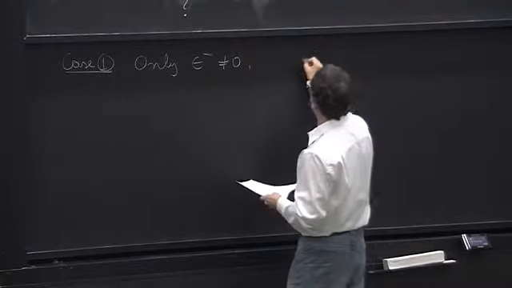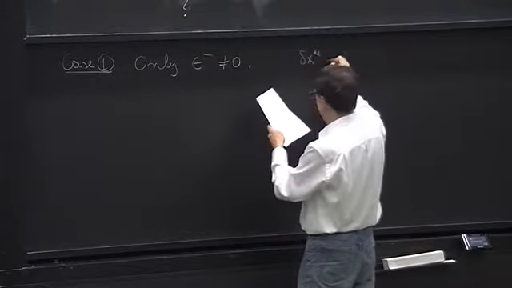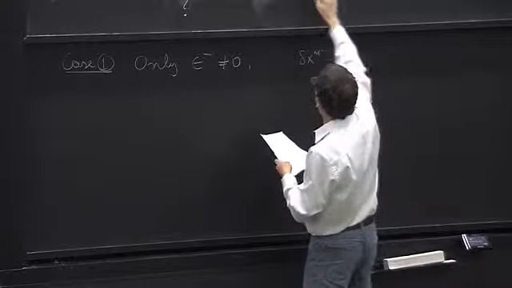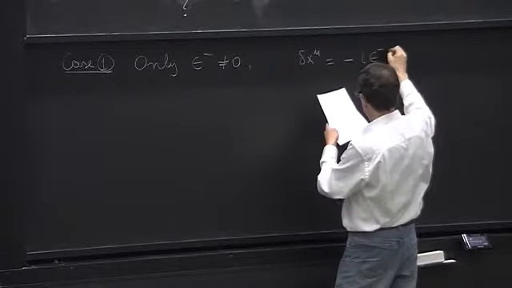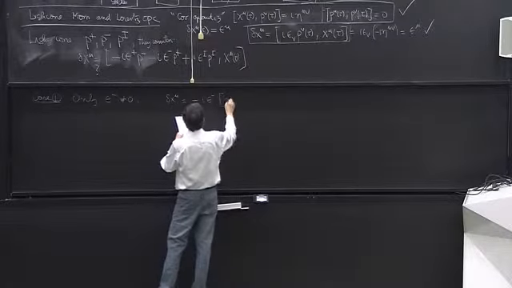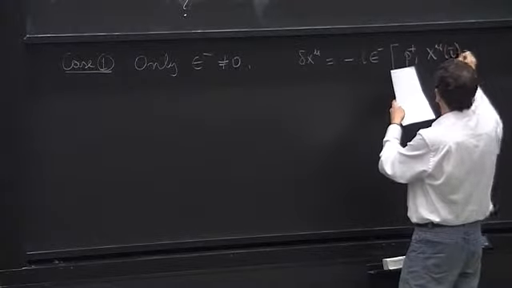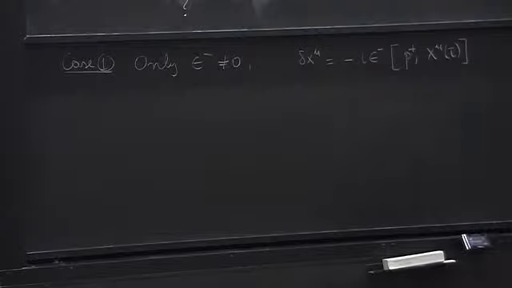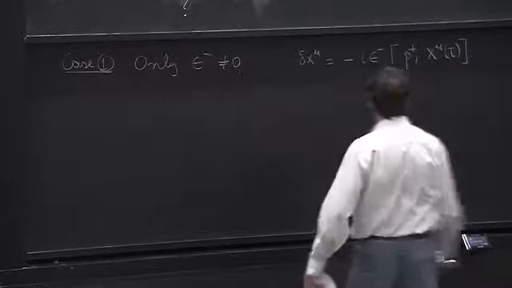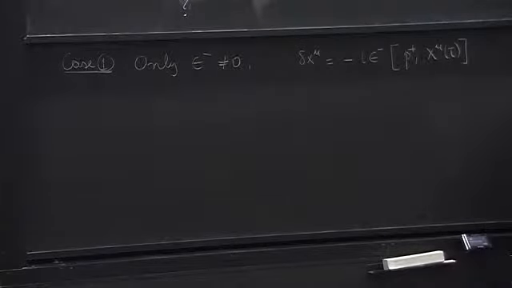So then delta x mu should be given as minus i epsilon minus the commutator of p plus with x mu of tau. Now, an epsilon minus different from 0 should generate, you expect, a translation, is that right?